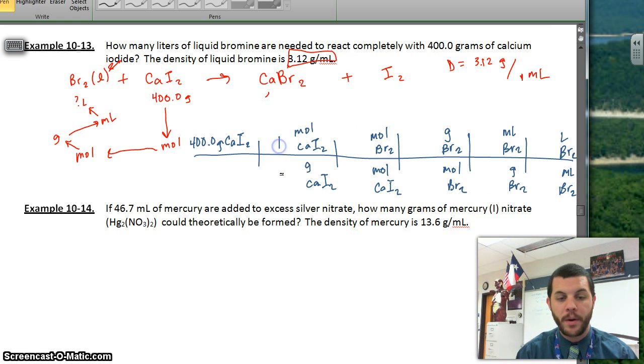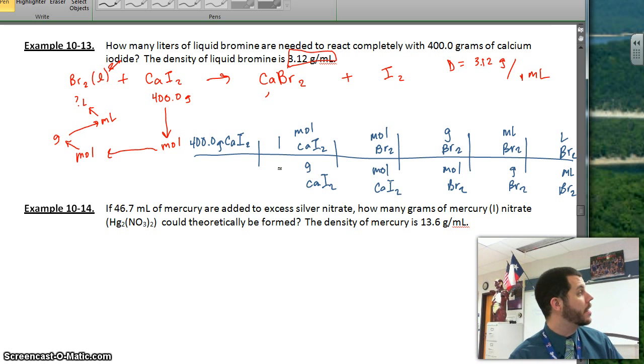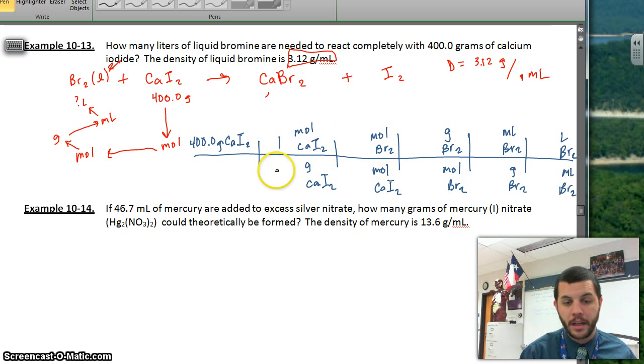I know that I put one with calcium iodide and then do the molar mass, 40.08 plus 126.9 plus 126.9. So my molar mass is 293.88. Okay, moles of bromine compared to moles of calcium iodide, since it was already balanced, that's 1 and 1.